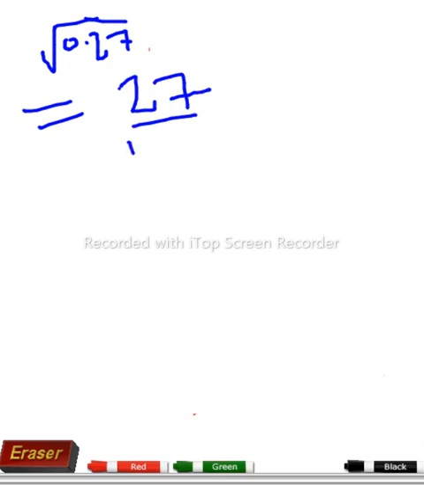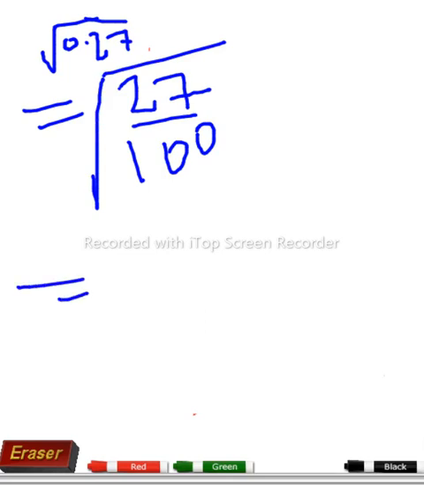For simplification, we try to simplify it. 0.27 means 27 over 100. 100 means 10 times 10, so we can take 1 over 10 out, because it is a perfect square.